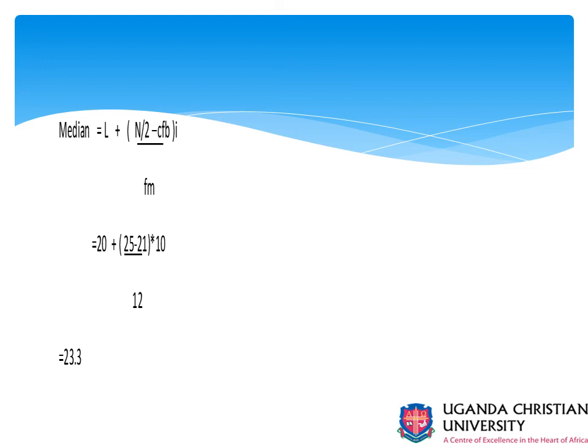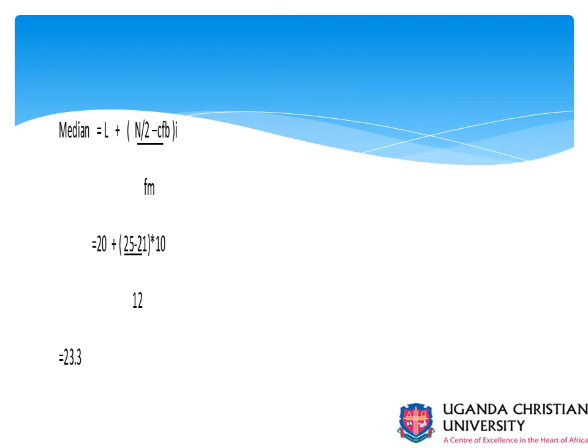Now let's continue. How do we get the median class? The median class is normally found by looking through your cumulative frequency column for the number you got after dividing n by 2. In this case, our sample size was 50. When we divided 50 by 2, we got 25.